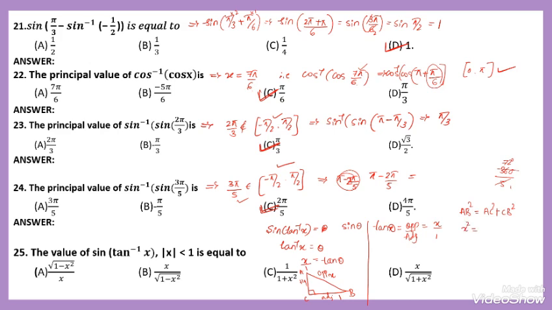AC square we don't know, so I will keep AC square here, plus CB square is 1 square. So x square is equal to AC square plus 1 square.